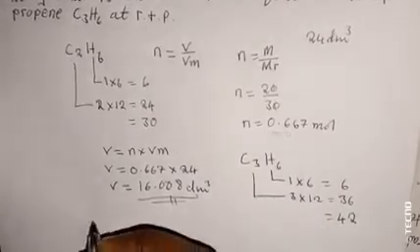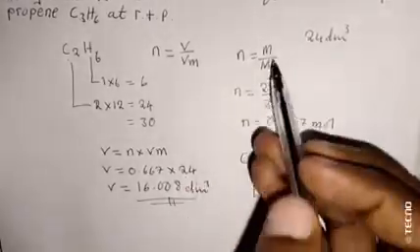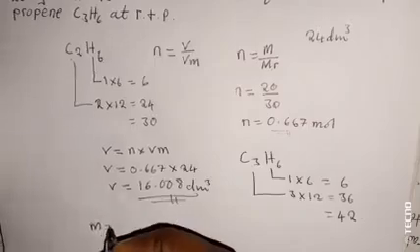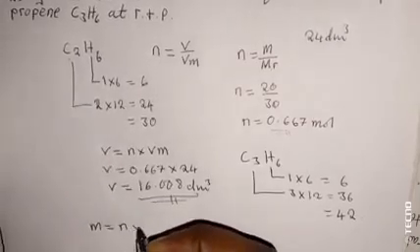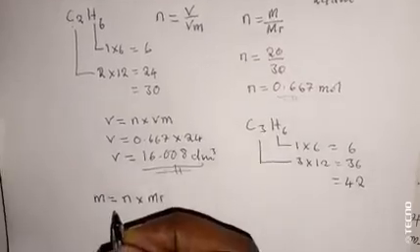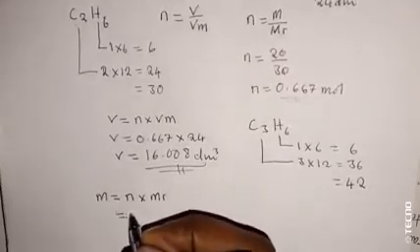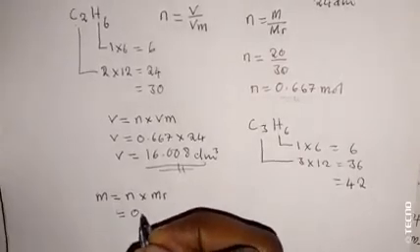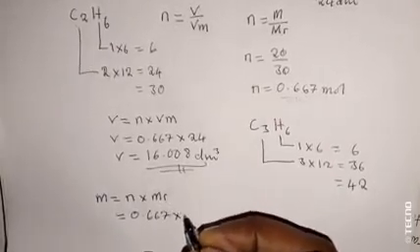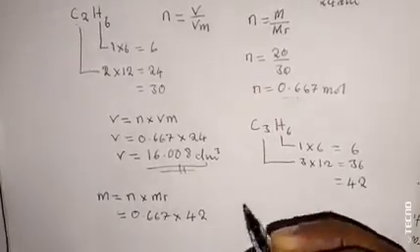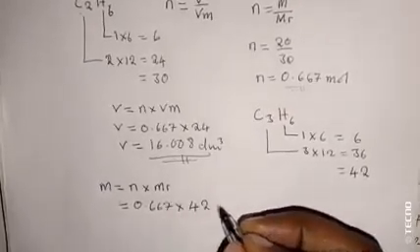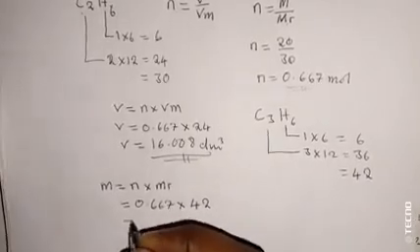We just make m the subject of the formula, so mass is equal to number of moles times molar mass. The number of moles is 0.667 times the molar mass here, 42. Remember, what we are calculating here is mass. At the end of this, we are going to put the units, which is very important.